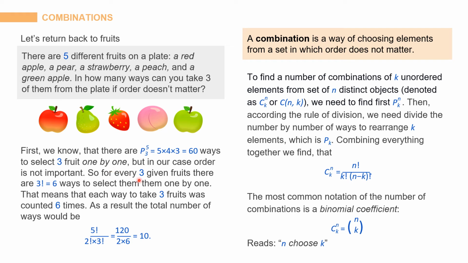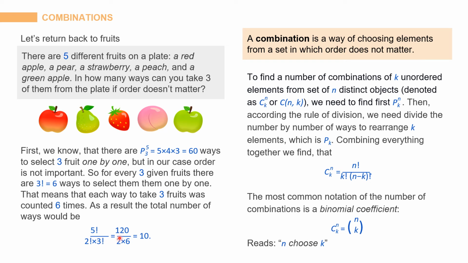So for any 3 given fruits you pick, there are 3 factorial, or 6 ways to select them one by one. That means that each way to take 3 fruits was counted 6 times. So as a result, the total number of ways would be 5 factorial divided by 2 factorial, our original 60 ways here, and then we divide that by the 3 factorial ways we could have picked the 3 fruit.